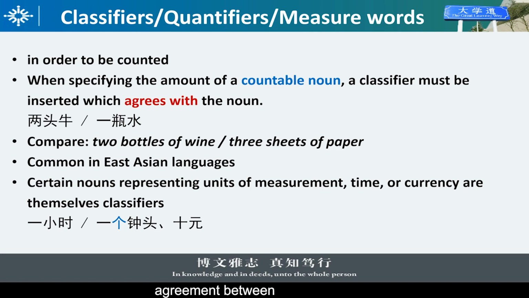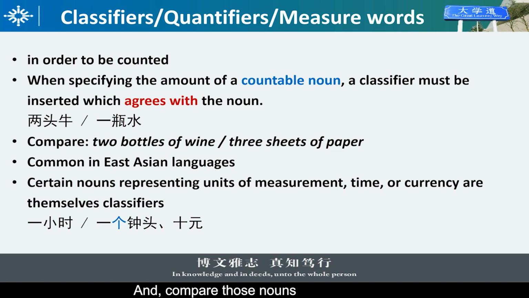So it's agreement between the noun and the classifier. You cannot use them randomly. The particular classifier matched particular noun. 两头牛，一瓶水, for example, normally you're not supposed to use other classifiers. 两只牛，两条牛 sounds strange. 两头牛, okay.